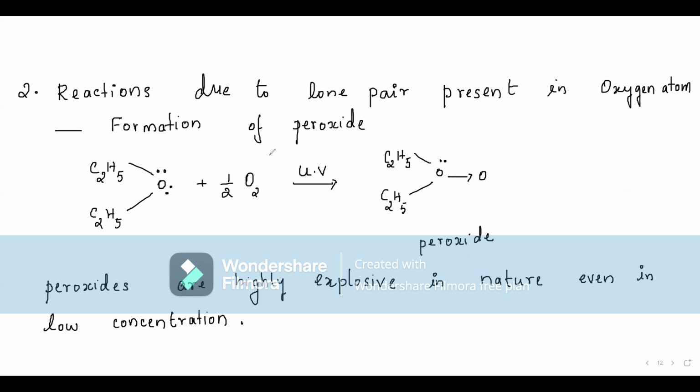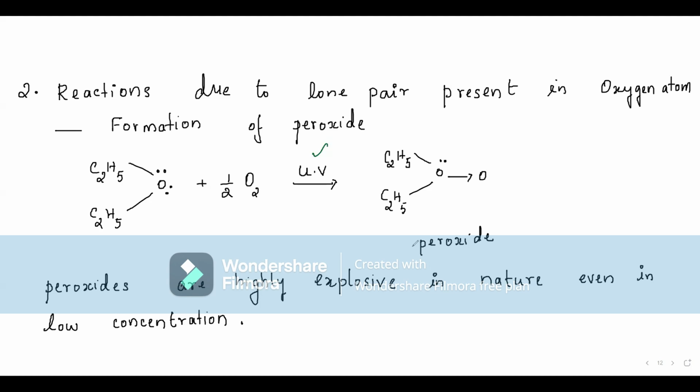Now, the last reaction in this episode is the reaction due to the lone pair of electrons present on the oxygen atom. In other words, this is called formation of peroxide. The structure of ether we have already studied. Oxygen has two lone pairs of electrons. You can utilize the lone pair of electrons on oxygen to bond with another atom of oxygen in UV light to give you the corresponding ether peroxide.